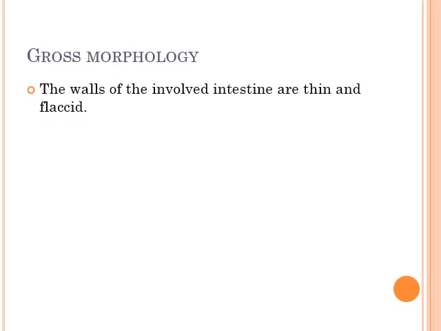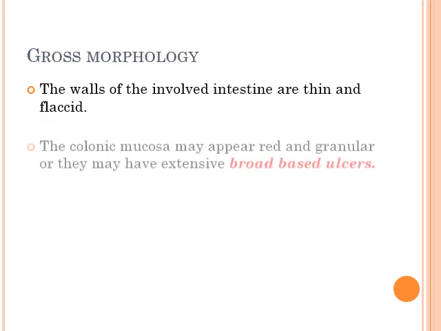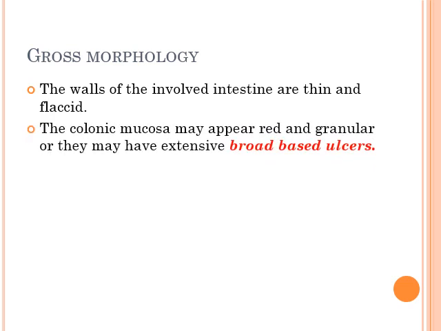Coming to the gross morphology, what will you see when you do an endoscopy or colonoscopy? Here the walls of the intestine will be thin and flaccid. The colonic mucosa may appear red and granular, and may have extensive broad-based ulcers.